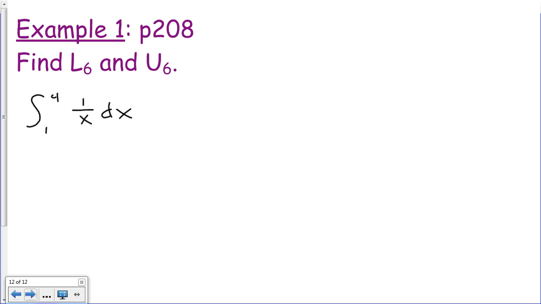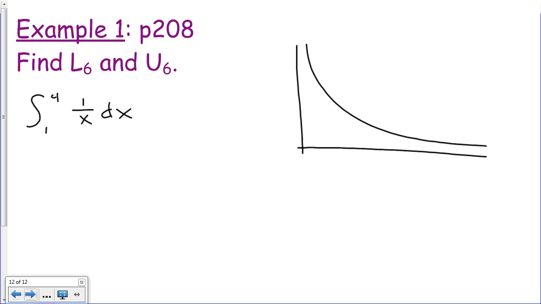And let me draw a sketch again of this function from 1 to 4. So here's what 1 over x looks like. And we'll say that this is 1, and we'll put 4 out here. And so this will be 2, and we'll say that's 3. So there's kind of what that function looks like. Sometimes a sketch might help you out here.